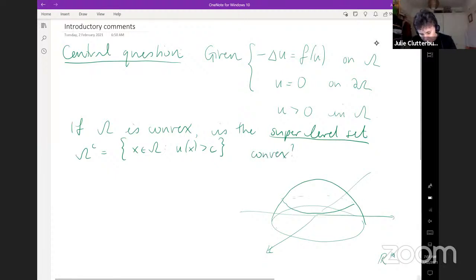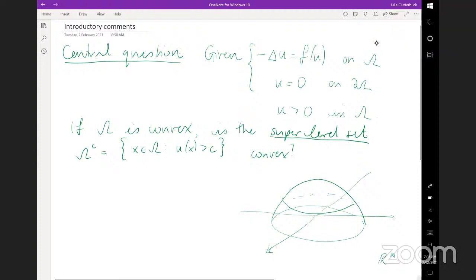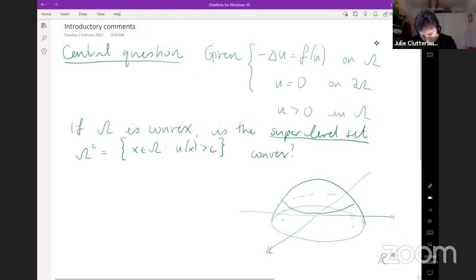So if we think about this little picture here, we can sort of project that back down to the plane, and we get another little set in here, and that's our super level set. And we could imagine if we just drew omega itself.